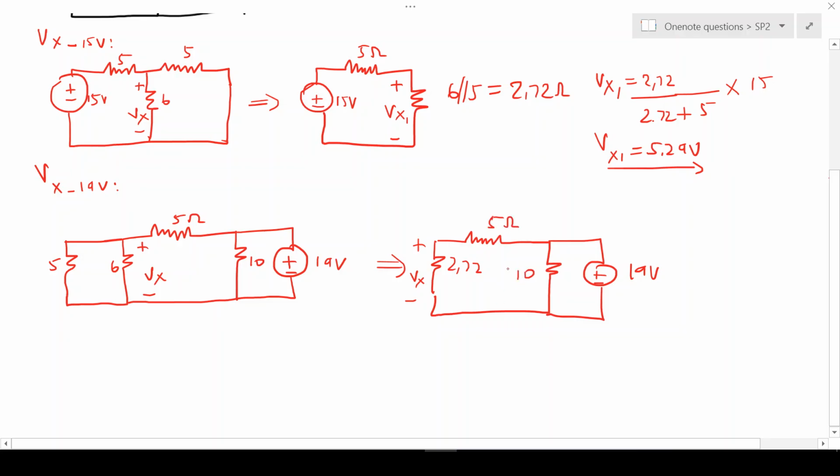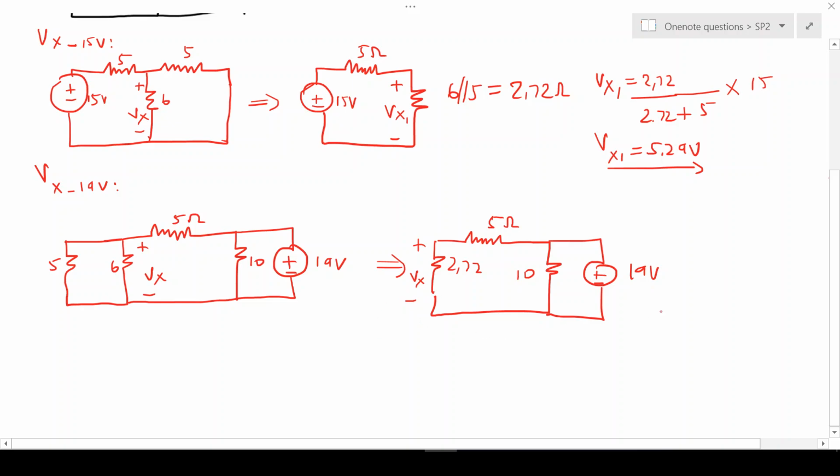Right, now how will we find the value of the voltage Vx? You could add the two resistors and get the parallel combination to then come back to get the current and then multiply it by the resistance to get the voltage. But it's also worth noting, which will be a simpler approach, that the voltage of the 19 volts is seen across the 10 ohms, and it's also seen across the series combination of the 5 ohm and the 2.72 ohm.